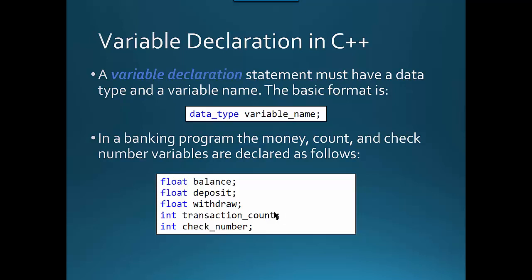Well, you can't have half a transaction, so that suggests a whole number or an int. And check numbers, most people's checks don't have check 450.5 or something like that. It's always a whole number. So the type of information you're storing dictates which type you should pick.